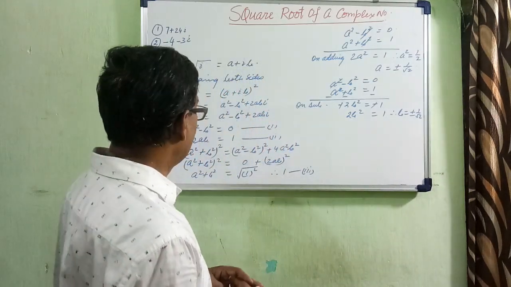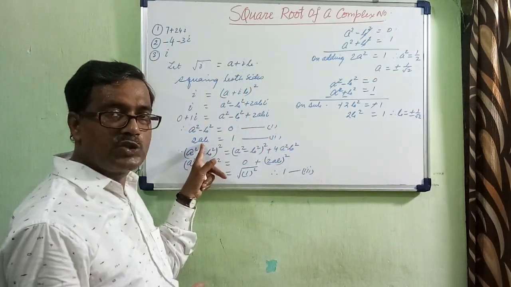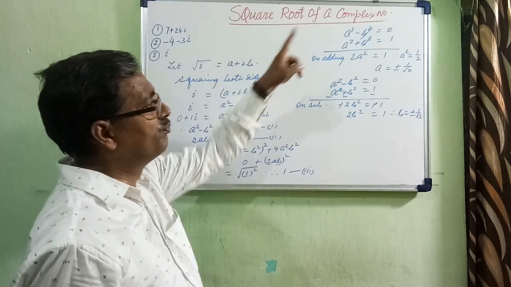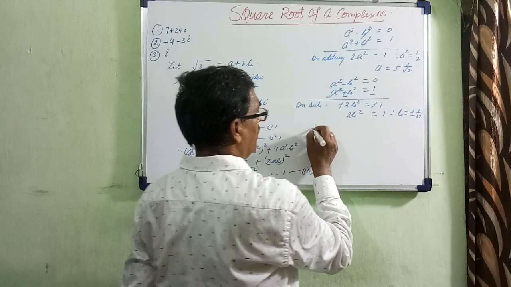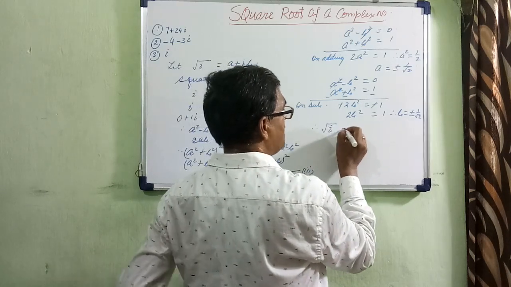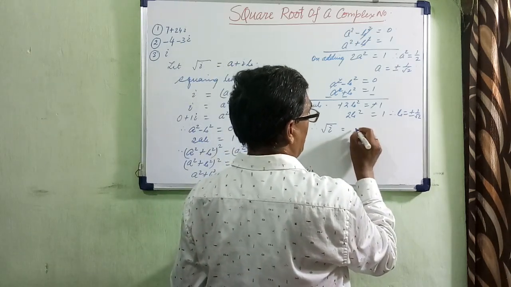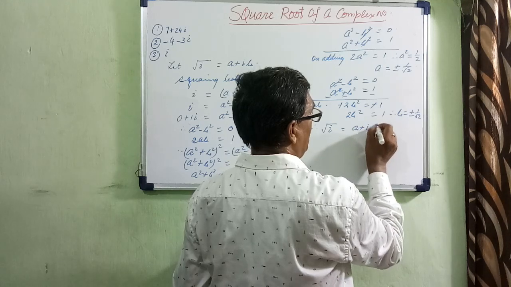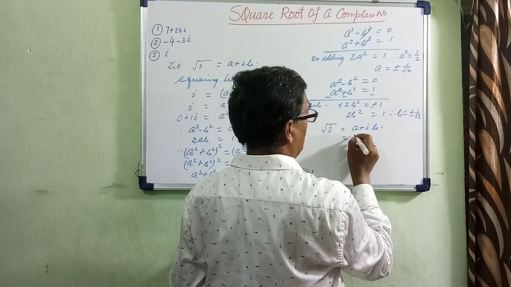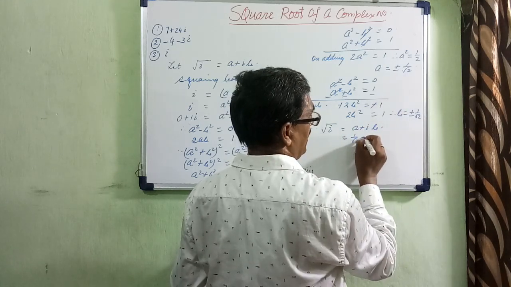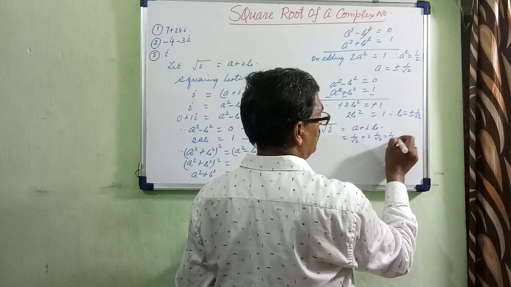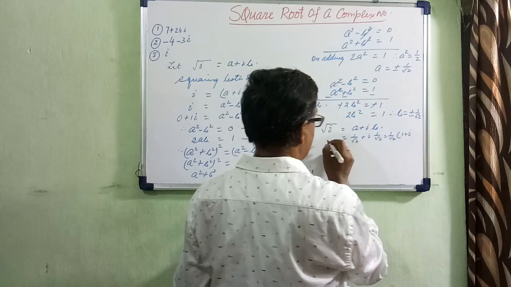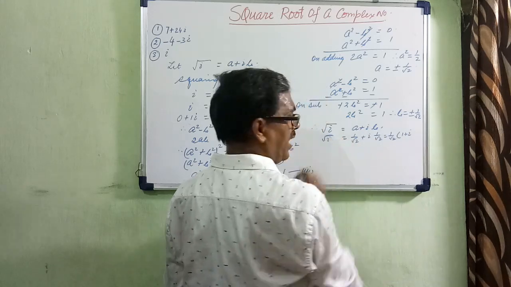So here look at the ab. ab is positive. So both we will take positive or both we will take negative. So therefore root over i is equal to a plus ib. a is positive 1 by root 2, then b will also be positive 1 by root 2: 1 by root 2 times 1 plus i. This is your square root of this i.